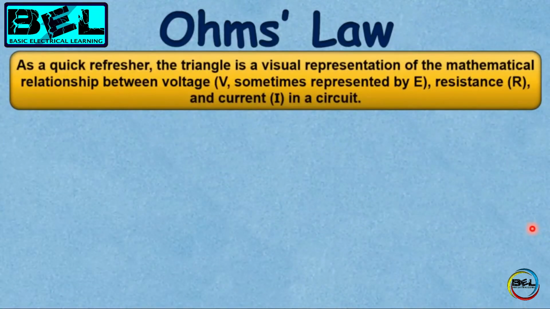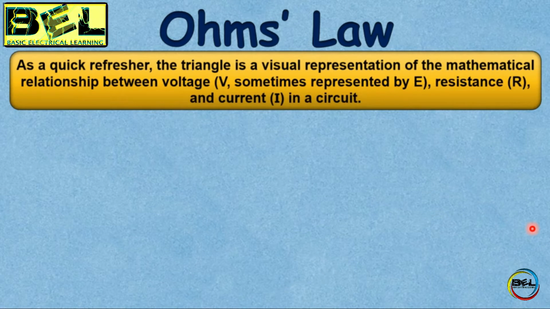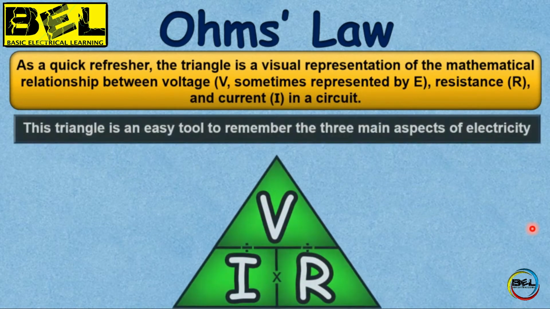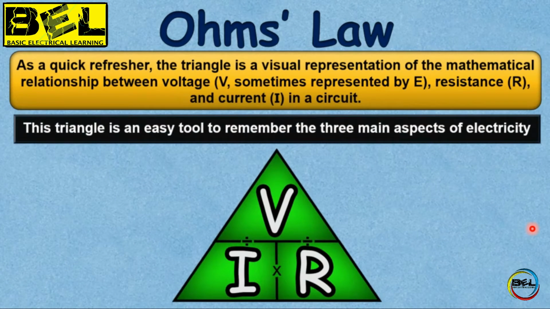As a quick refresher, the triangle is a visual representation of the mathematical relationship between voltage, sometimes also shown as E, that is EMF, resistance R, and the current I. So this is a triangle which is used to remember the Ohm's law formula, and it is very easy to use.